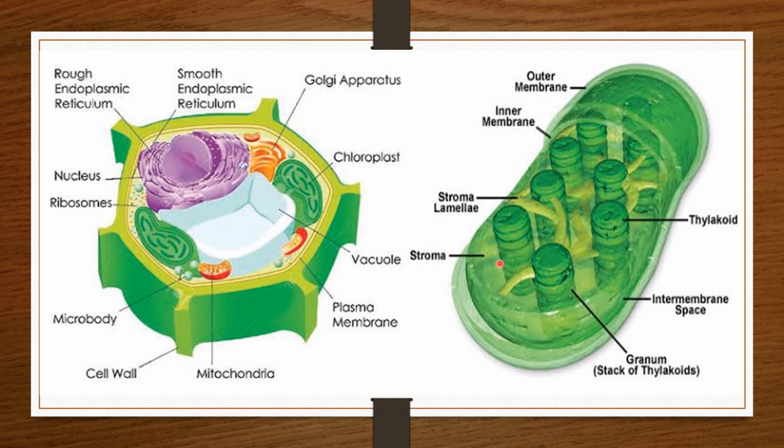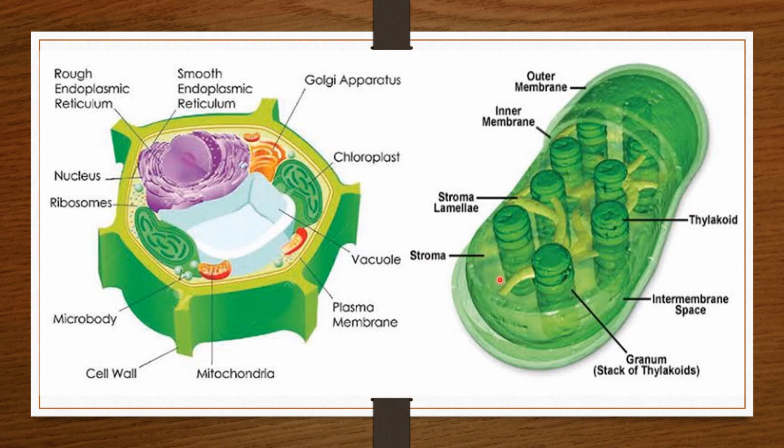The empty spaces in the chloroplast are called stroma. The dark reactions occur here in this empty area, and all this empty area is called stroma.